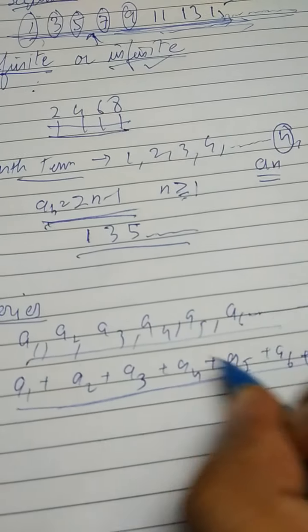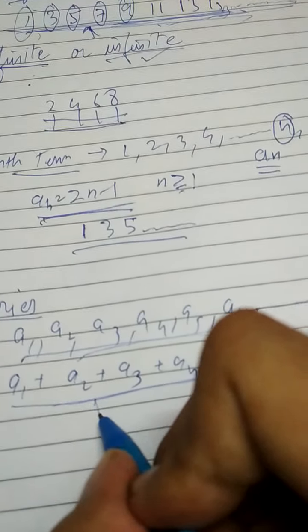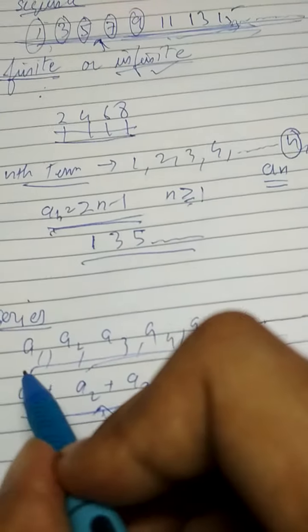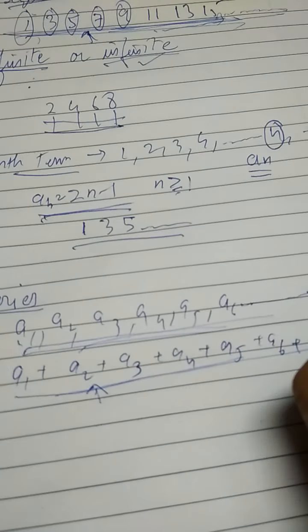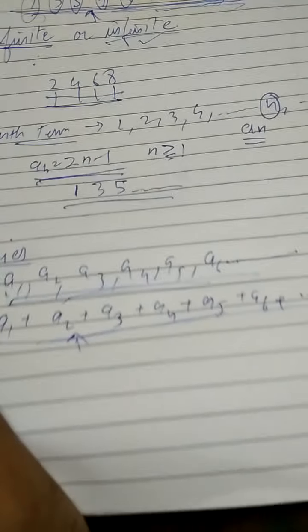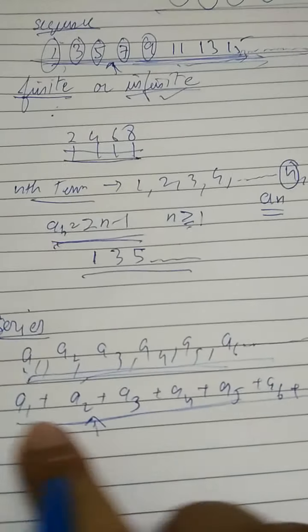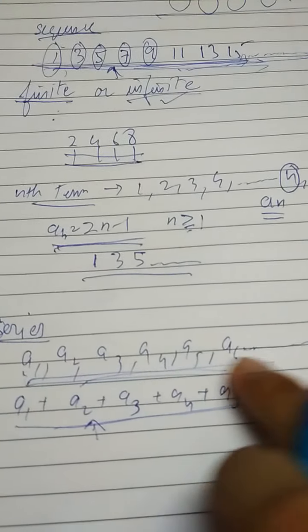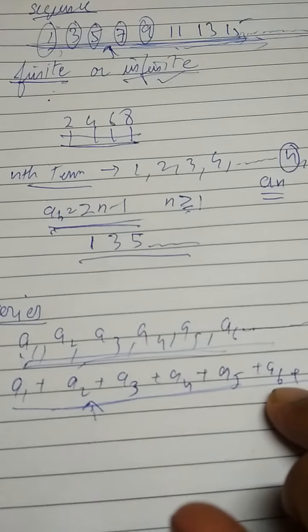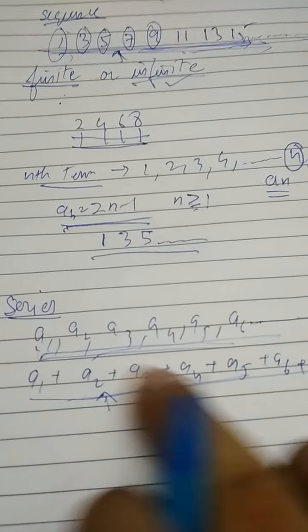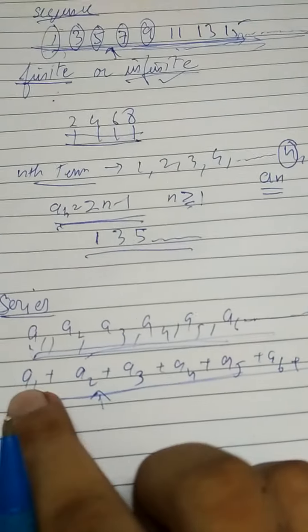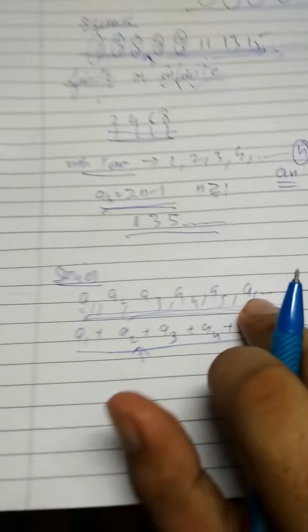Now this series will be finite or infinite depending on whether the sequence is finite or infinite. If the sequence is finite, then the series will also be finite. If the sequence is infinite, then the series will also be infinite. We just add these objects and we get a series corresponding to this sequence.